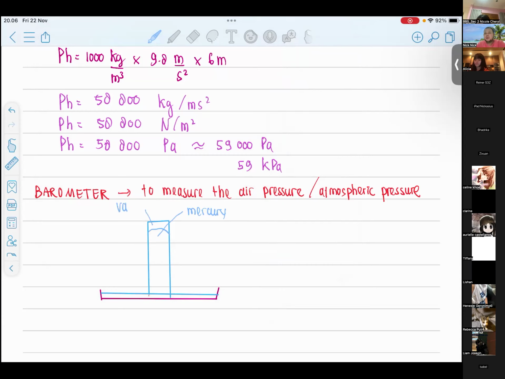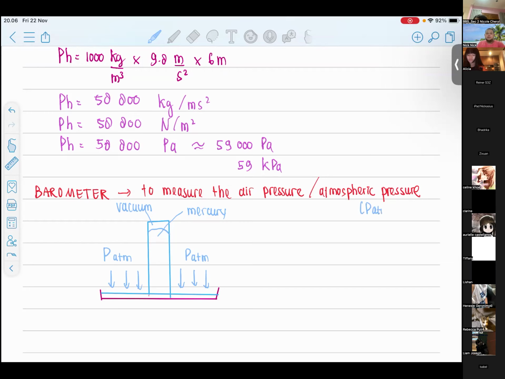It means no air. The barometer experiences the atmospheric pressure. Experience what, students? Atmospheric pressure, PATM, pressure of atmosphere. Now, atmospheric pressure is PATM.